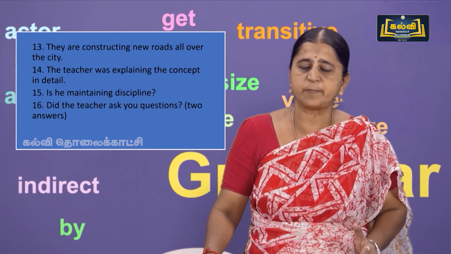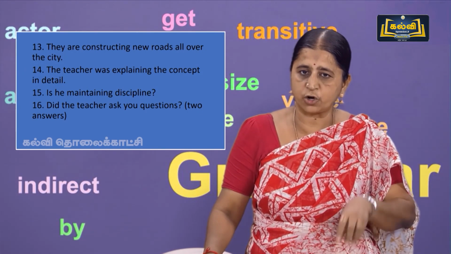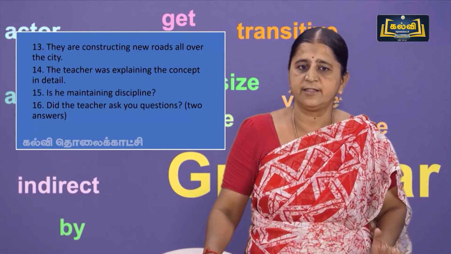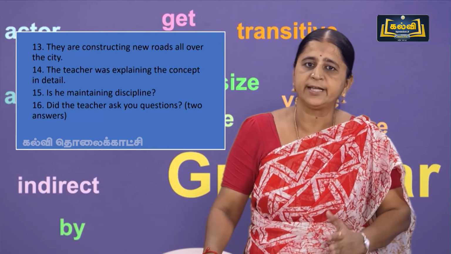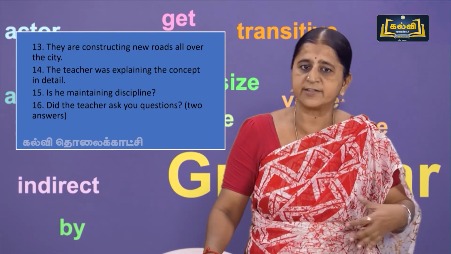The teacher was explaining what? The concept. So the concept is your object here. It becomes the subject in the passive voice. The concept was being explained by the teacher in detail. So இது மறுபடியும் நான் past continuous பண்ணும்போது தெளிவாக சொல்லித்தரேன்.